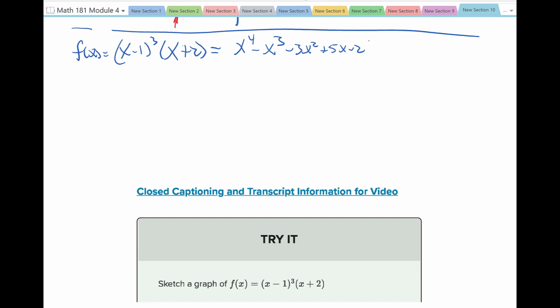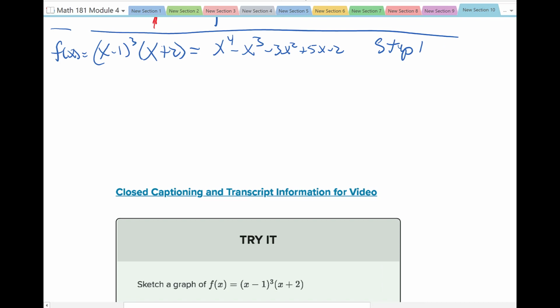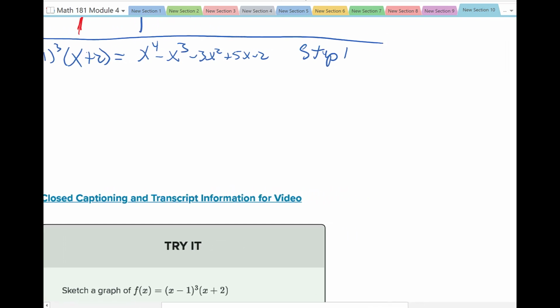Okay, so step 1. Let's say we look for the domain. Domain is all reals because it's a polynomial. Okay, step 2.